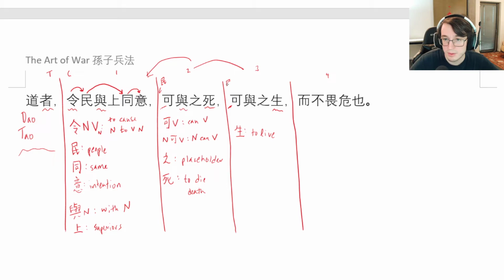Min can with who? With shang, again, with their leader. Okay, so the people can with their leader die. The people can with their leader live. That means that because they have the same intention, they're willing to live or die with their leader. So if their leader wants to go into battle, they're going to disregard whether or not they're going to come out the other side alive or not and follow them regardless, right?